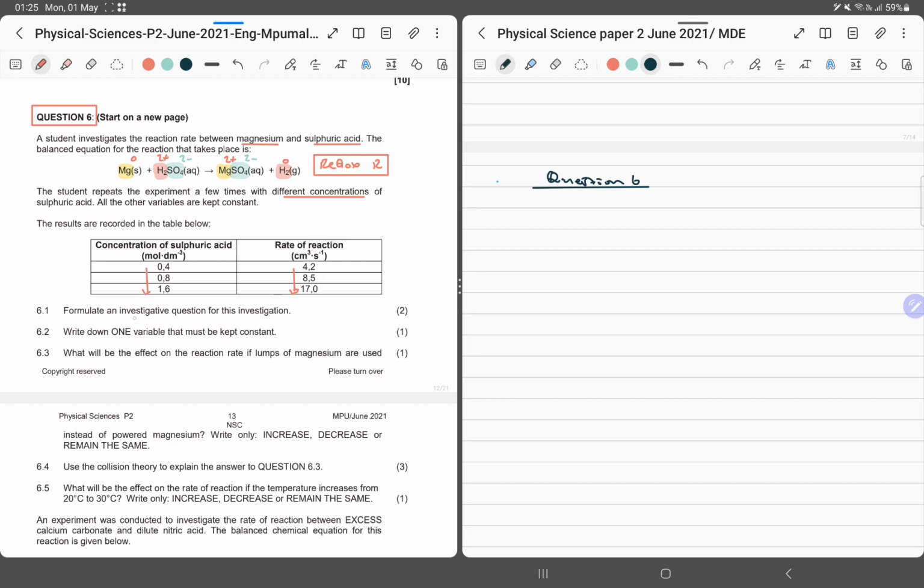Now formulate an investigative question for this investigation. Well, if you want to investigate, it's as if you don't know, but you already know.